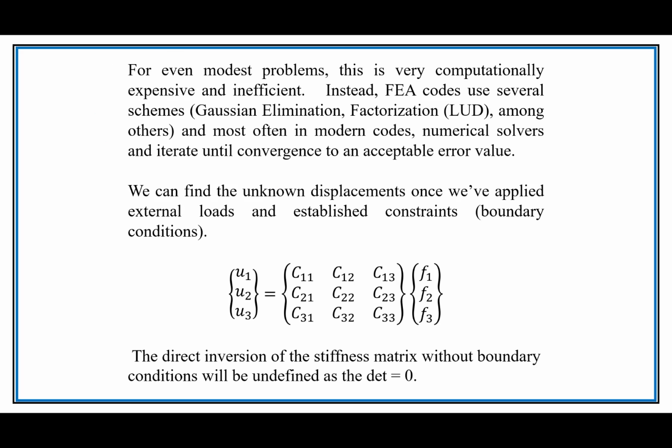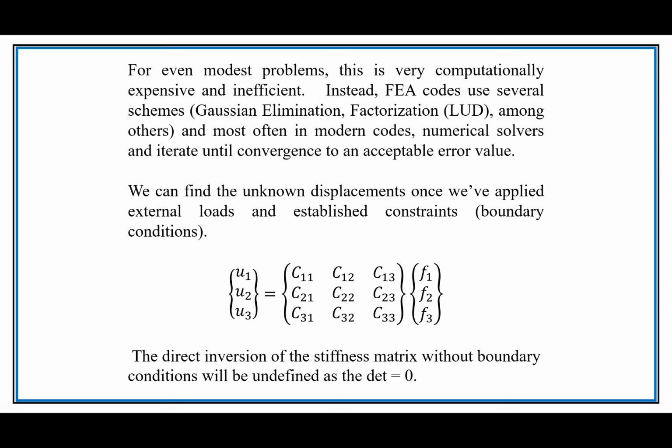If you took an FEA class as an undergraduate or graduate school class, most of the time what you end up doing is having a class on how to formulate it yourself, if you, for some reason, want to create your own FEA code. But it's also good to know what's going on underneath the hood.